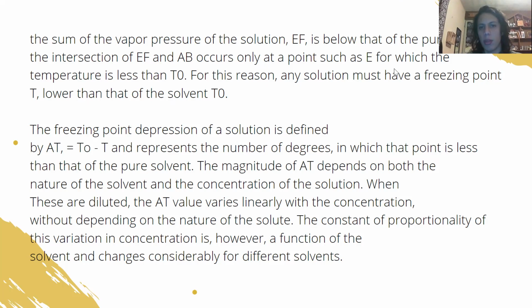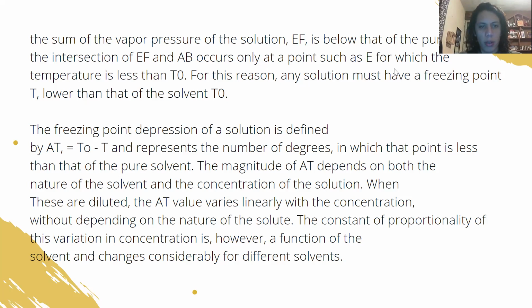It represents the number of degrees by which that point is less than that of the pure solvent. The magnitude of ΔT depends on both the nature of the solvent and the concentration of the solution.